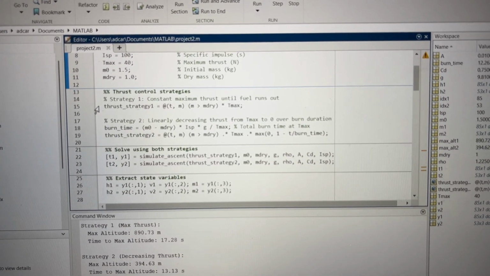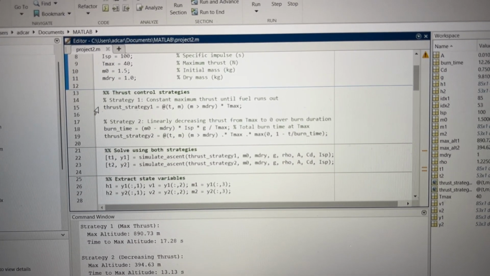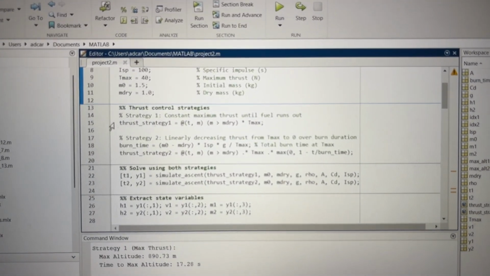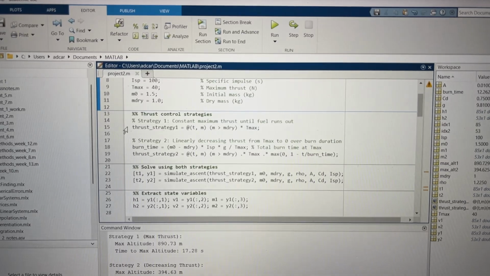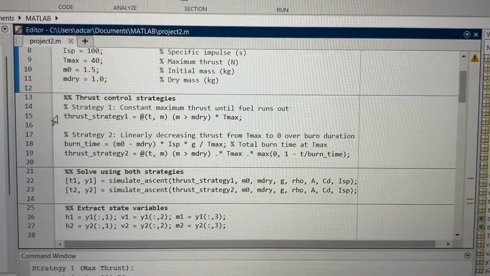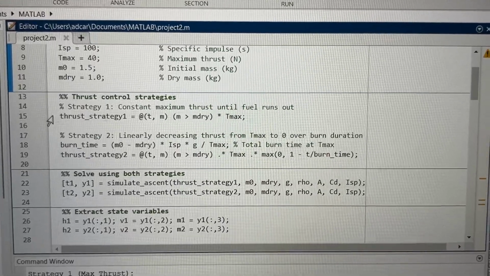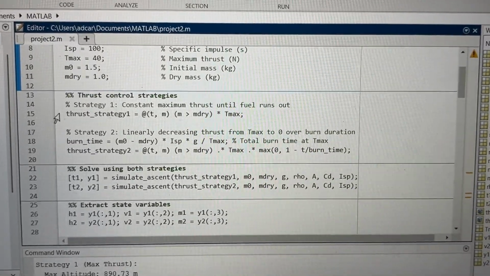The first one is constant max thrust until the fuel runs out, just using a simple @ function equal to Tmax. Then I moved on to strategy 2, which is the linearly decreasing thrust from Tmax to 0 over a burn duration.